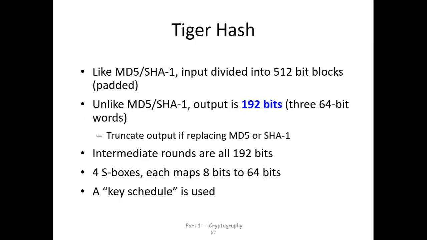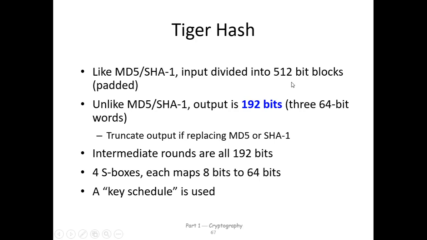So let us study Tiger Hash a little. Similar to MD5 or SHA1, whatever input we consider is divided into 512-bit blocks, padded. Why is it written padded? Your input data may consist of 560 bits, 570, 600 bits, whatever.